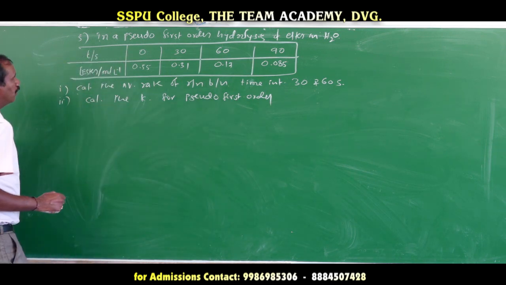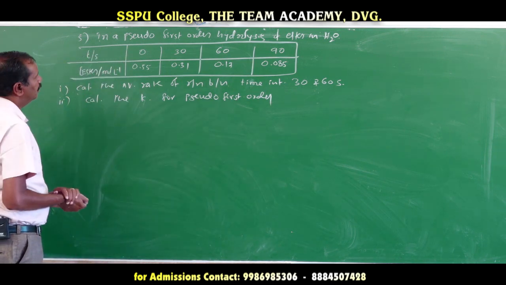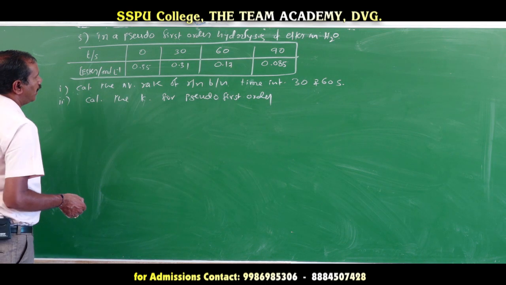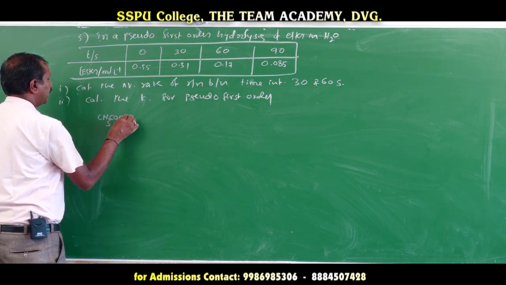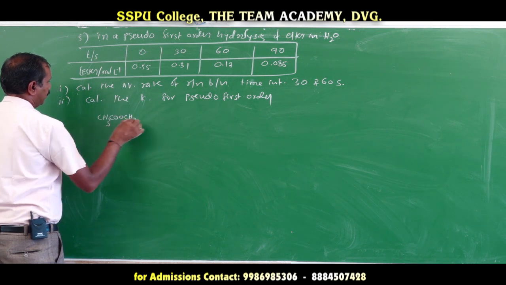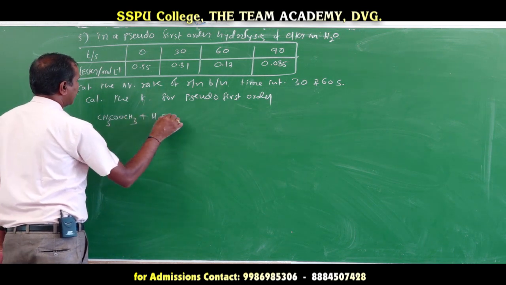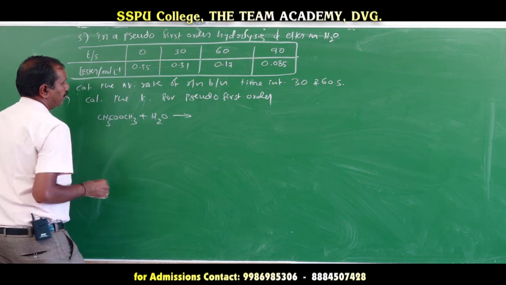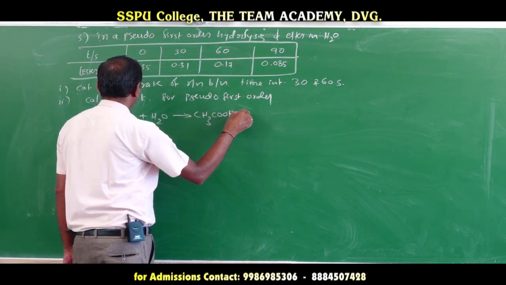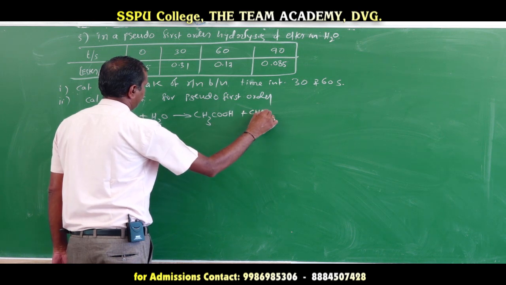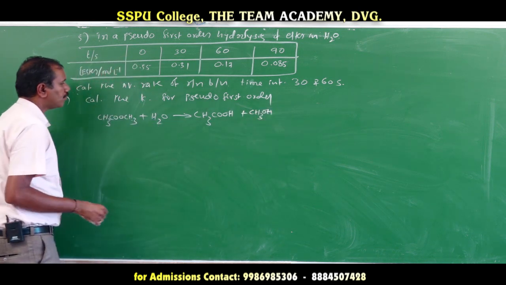So here first we will calculate the average rate. It is a pseudo first order hydrolysis of ester, CH3COOCH3. It undergoes hydrolysis, and we get CH3COOH plus CH3OH.